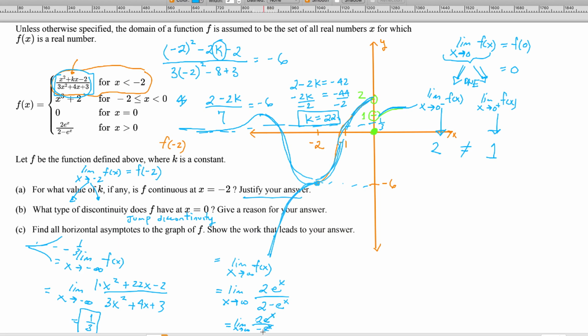And this cancels with this, and I get the limit as x goes to infinity of negative 2. And the limit of a constant is just that constant, negative 2. So this is approaching negative 2 as I get larger and larger values of x. And this is the other horizontal asymptote.